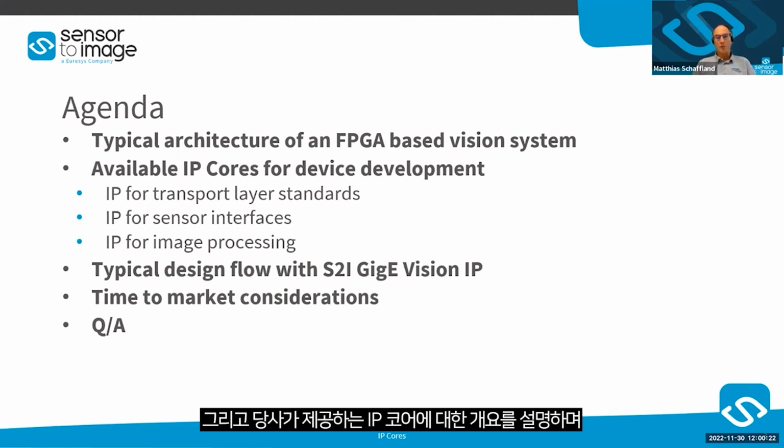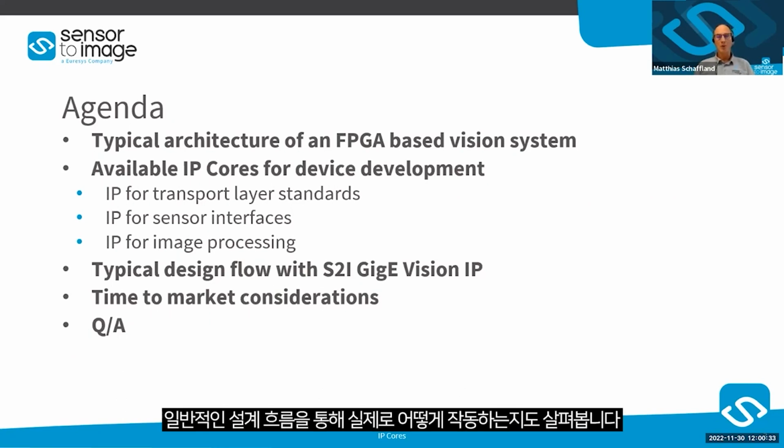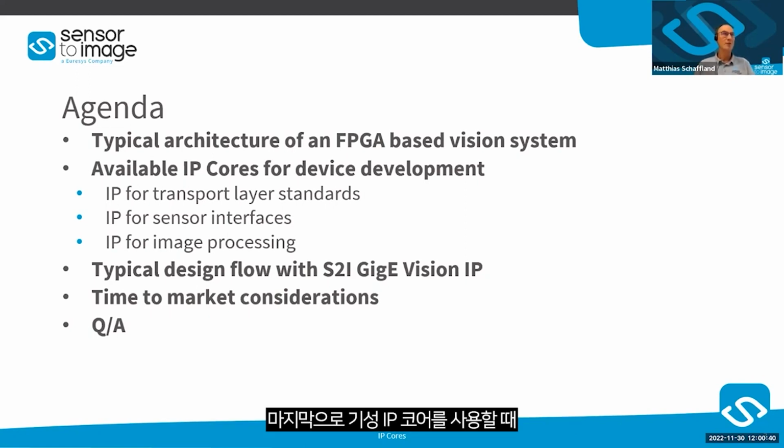Then I give you an overview about available IP cores from our company, but not only, followed by the typical design flow if you use one of our IP cores, to get an impression how that works in practice. And at the end, to give you some financial ideas, time to market considerations, what benefit, not only from the technical part, but also from the timing part, you get using off-the-shelf IP cores.